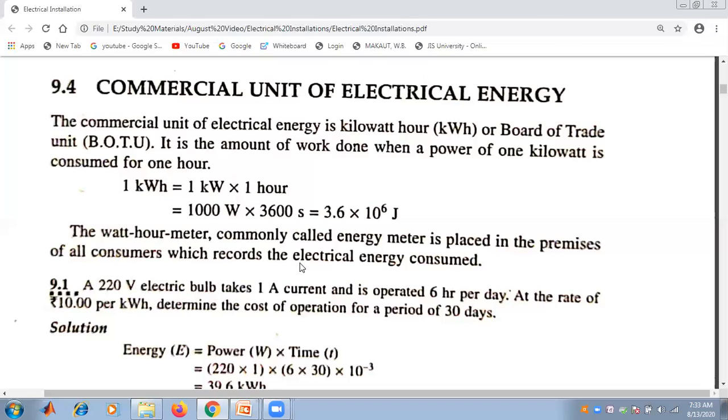So this is the general conception of the commercial unit of electrical energy.